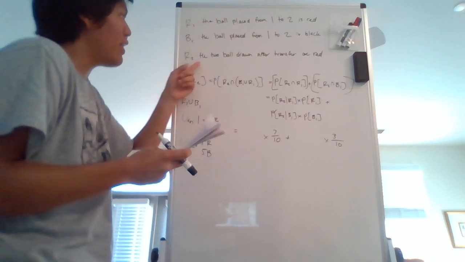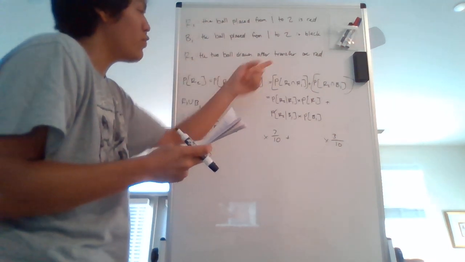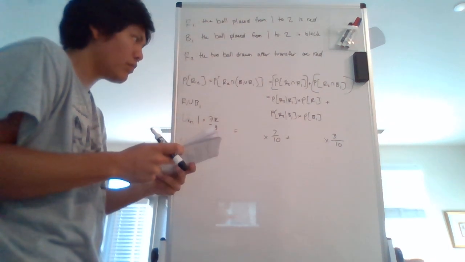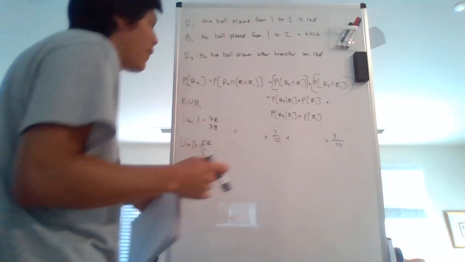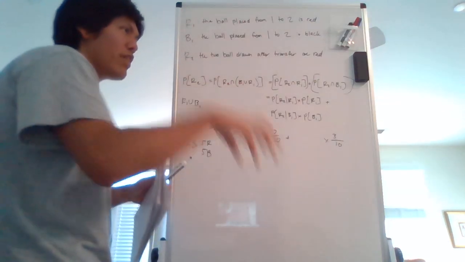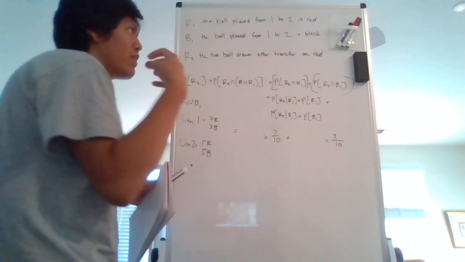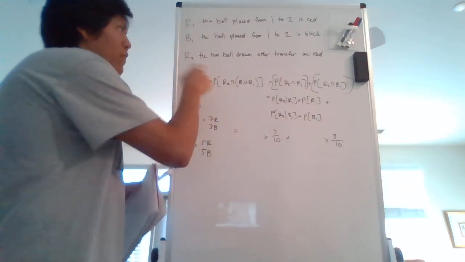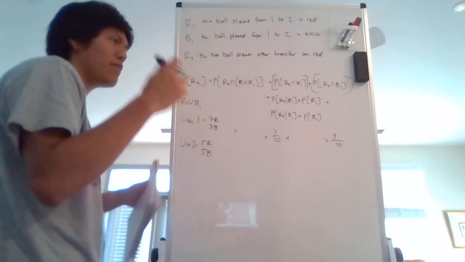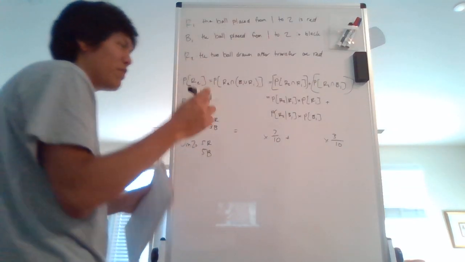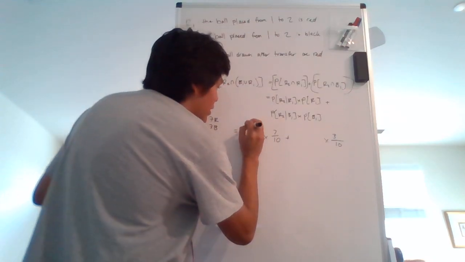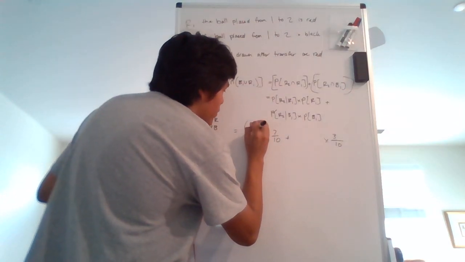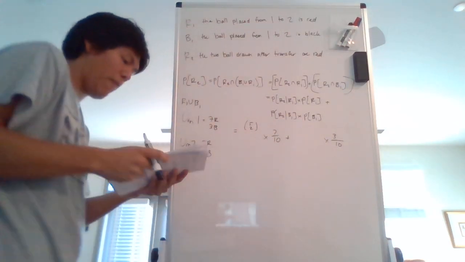And then let's say that the 2 balls drawn after the transfer are red. Well, if we're drawing 2 red balls from 5 total, that is a 5 choose 2 probability.